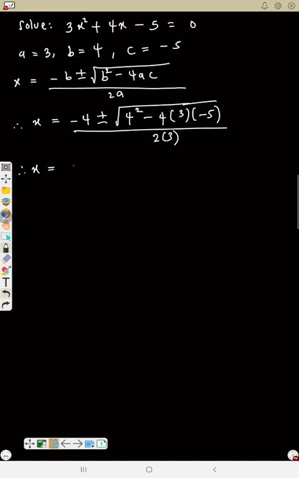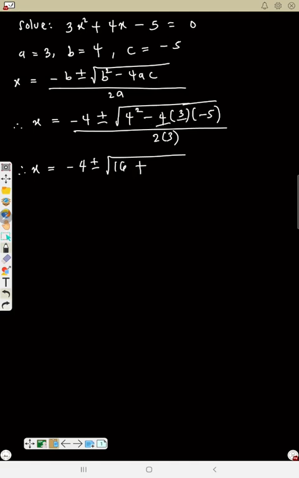So x is equal to minus 4 plus or minus the square root of 4 squared, 16, then plus, the minus here times the minus here, minus times minus is plus. So that will be plus.